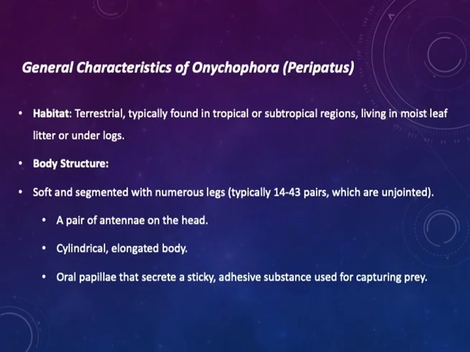The body is soft and segmented with numerous legs, typically 14 to 43 pairs, which are unjointed, and a pair of antennae on the head is present, and the body is cylindrical and elongated. Oral papillae secrete a sticky adhesive substance used for capturing prey.